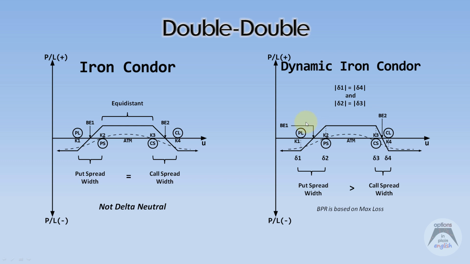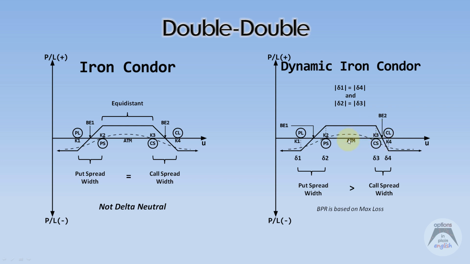So this one, because it's wider, you're going to have to put up the capital to carry this position to cover the loss on this side, because on this side the loss is less because the width is less.